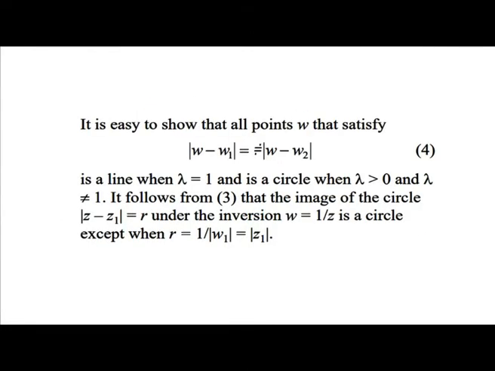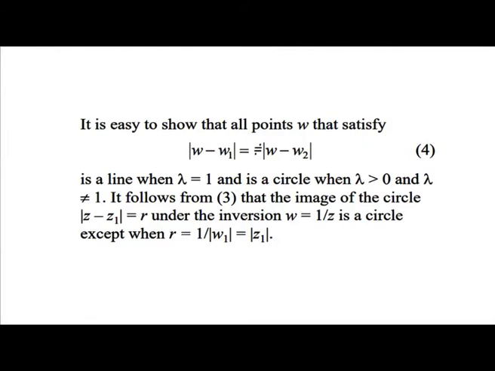It is easy to show that all the points w that satisfy mod w minus w1 equal to lambda times mod w minus w2 form a line when lambda is equal to 1, and a circle when lambda is greater than 0 and lambda not equal to 1.